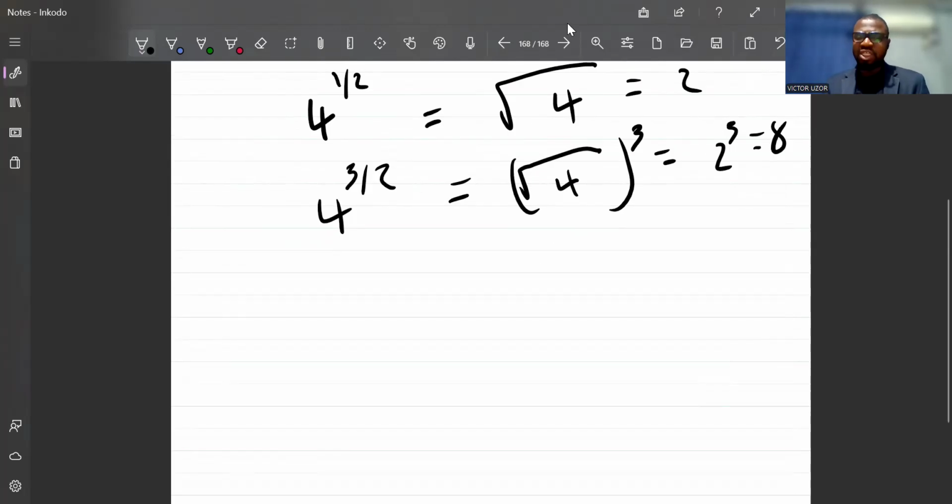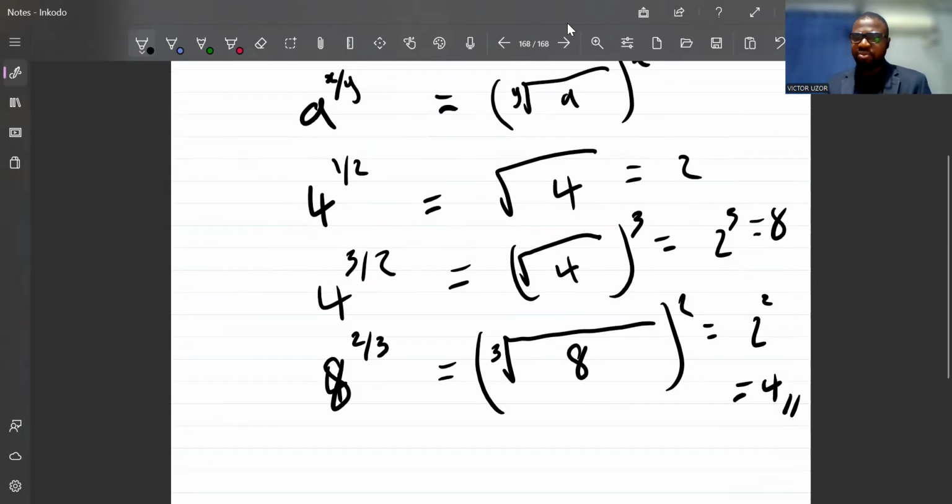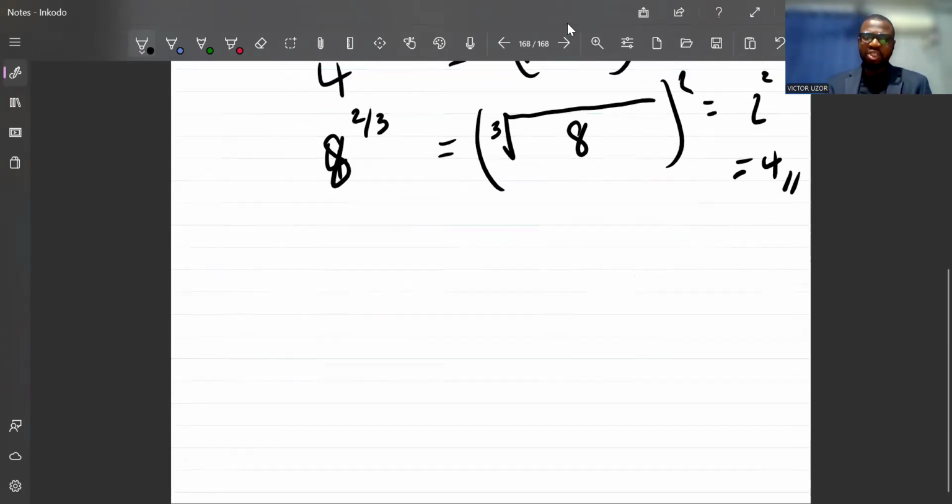If the reverse is the case, let us say I have 8 raised to power 2 over 3, it is now going to be cube root of 8, since 3 will now be here. Then whatever I get, I'll square it, which will give me 2 raised to power 2, which will give me 4. So you must understand these laws because it will help you to understand something.